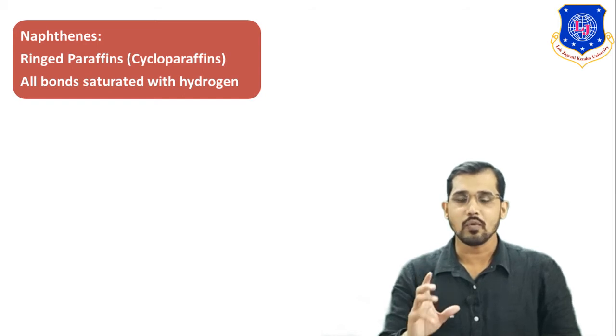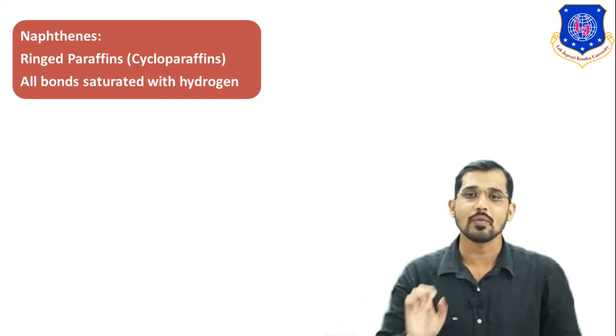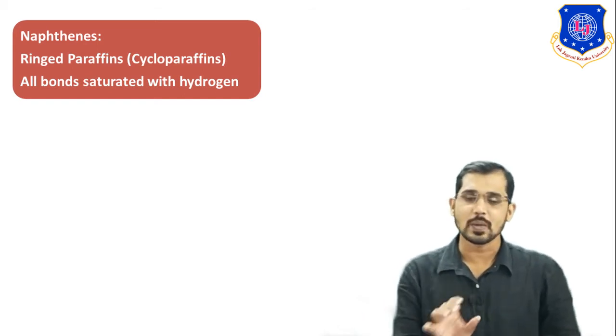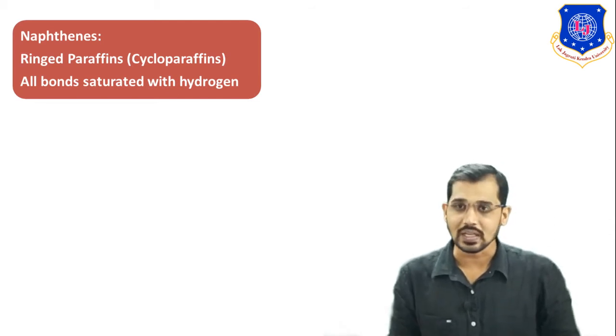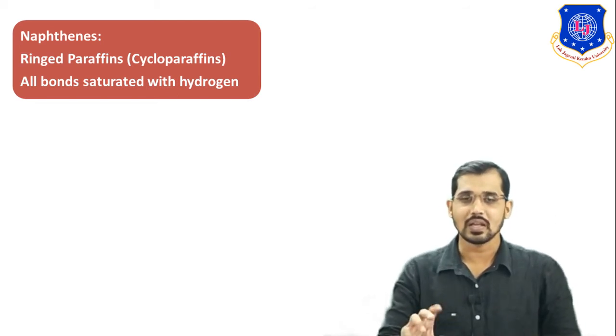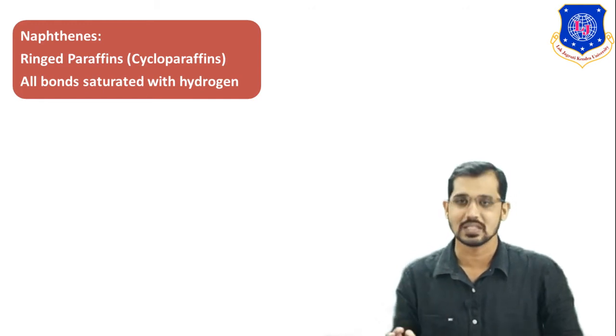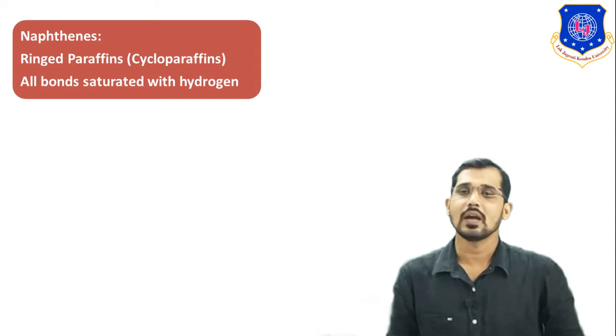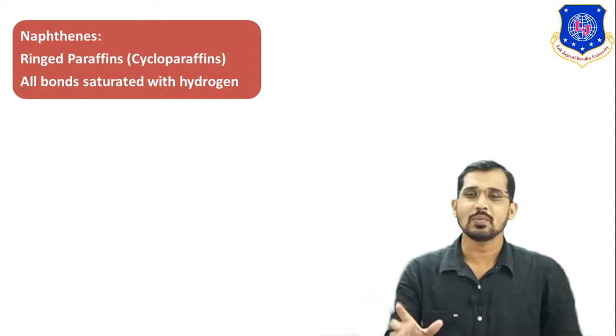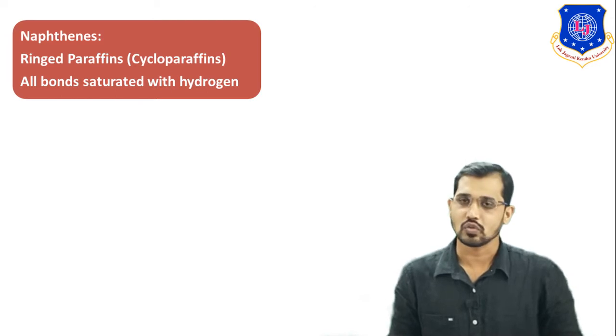Whenever there is a ring form of the paraffin, that is nothing but cycloparaffin. A straight chain paraffin is paraffin only. And whenever there is a cycle, or I can say ringed paraffin, that is known as cycloparaffin, or I can say naphthenes. And the second important point is all bonds are saturated with hydrogens.